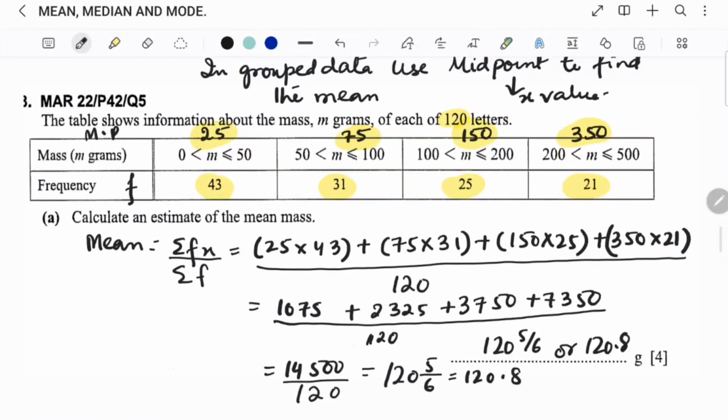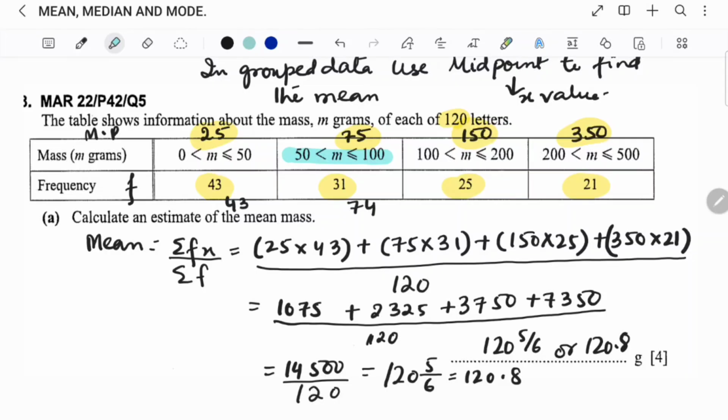So again, making a cumulative frequency, for the first one it is 43. We have to stop at 60.5, remember. Then 43 plus 31 is 74. Remember, we had to stop at 60.5 and we got the value. So you have 50 to 100. That is your median range.